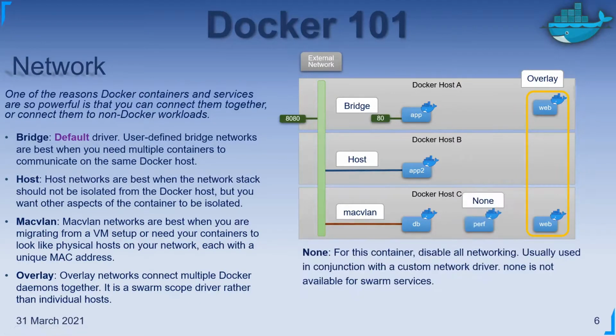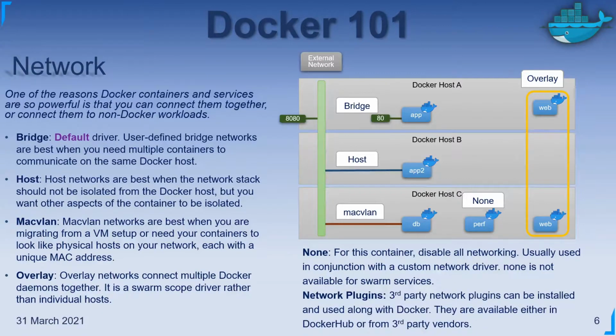Last but not least, the none driver disables all networking and is usually used in conjunction with a custom network driver. Third-party network plugins can also be installed and used with Docker. They are available either on Docker Hub or from the third-party vendor directly.